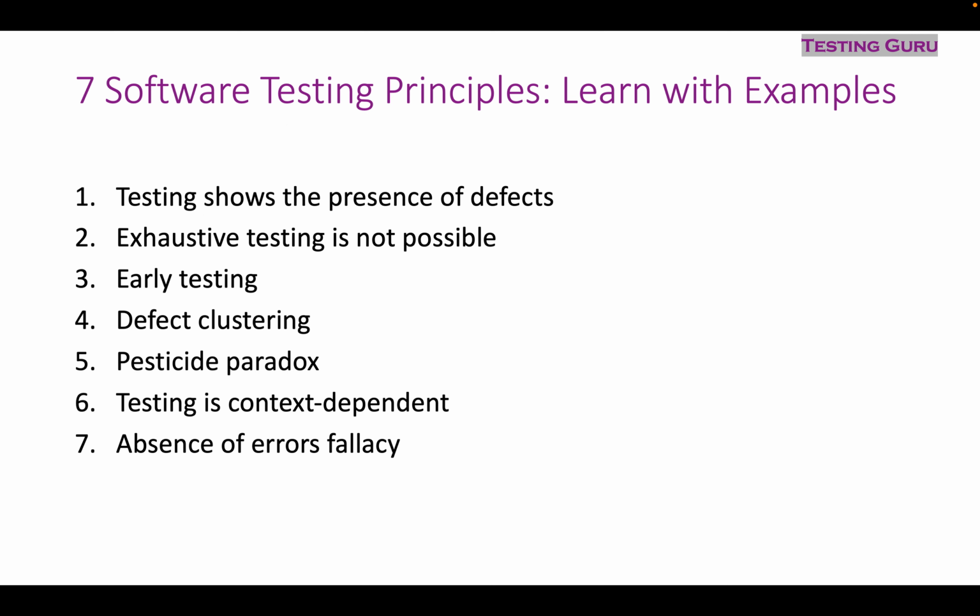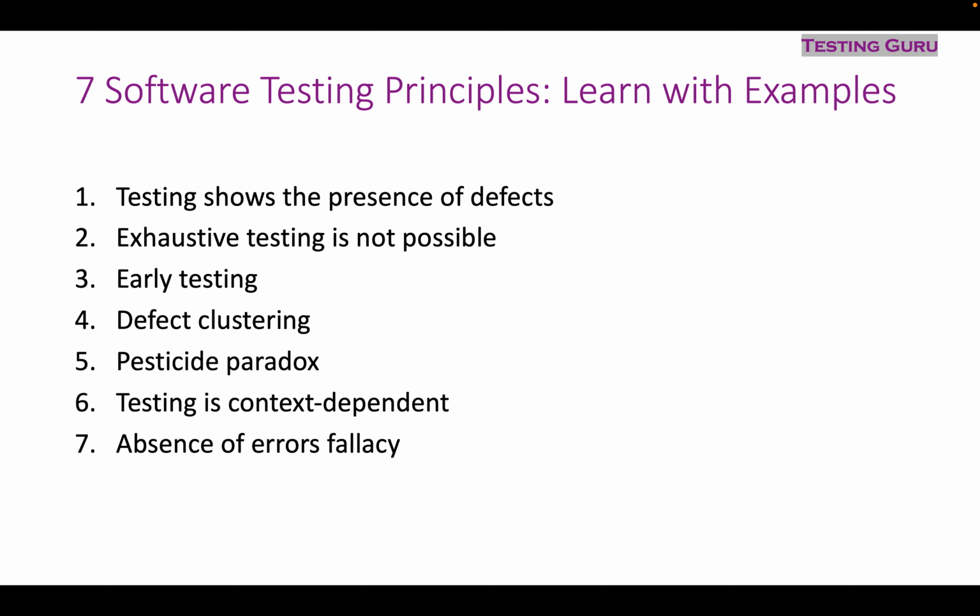But what if you work extra hard, take all precautions, and make your software product 99% bug free, and the software doesn't meet the needs and requirements of the client? This leads us to the next principle, which is the absence of errors fallacy. It is possible that software which is 90% bug free is still unusable.